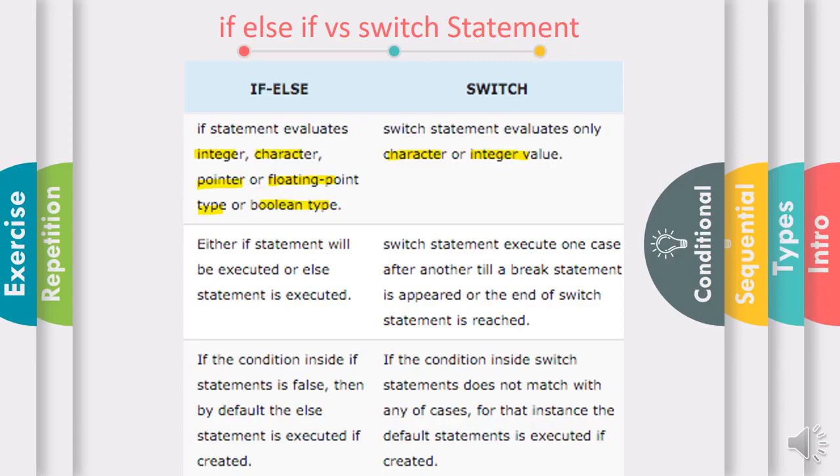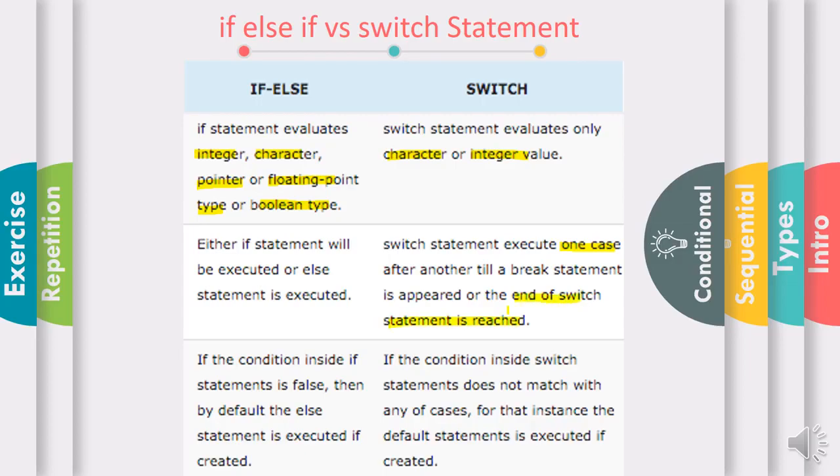Either the if statement or the else statement is executed in if else if statement, but in switch statement it executes one case after another till the break statement appears or the end of the switch statement is reached.